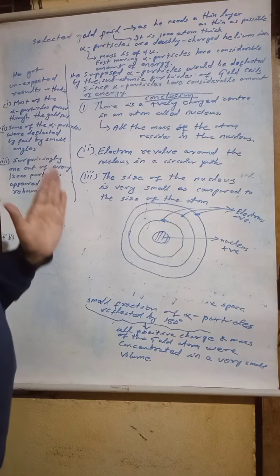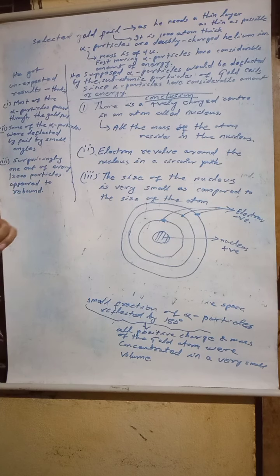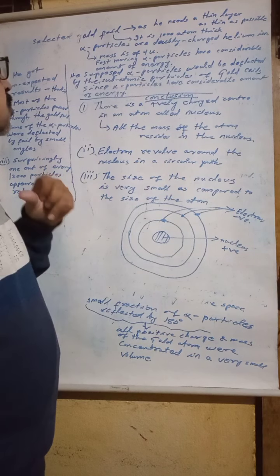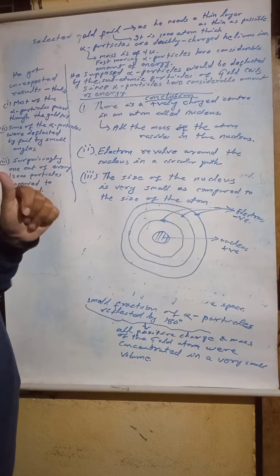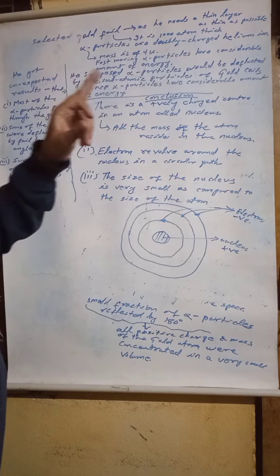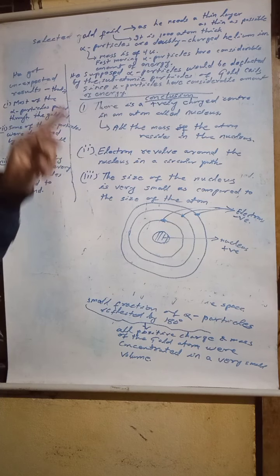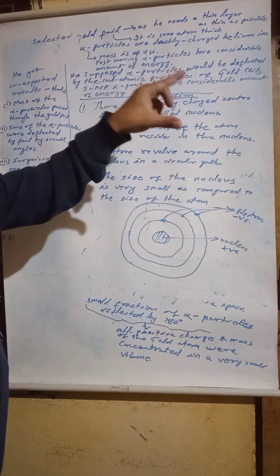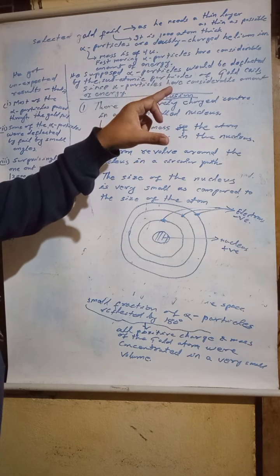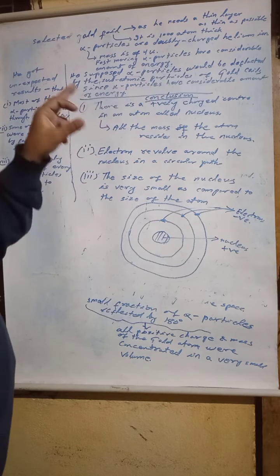What observation did Rutherford get? He got an unexpected result, because he expected a different result. So what was the experiment conducted for? He expected that alpha particles would be deflected by the subatomic particles of the gold foil.